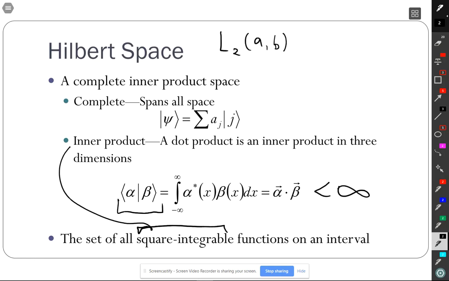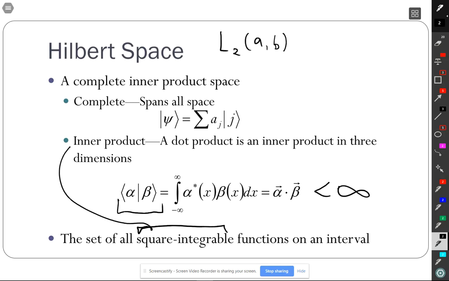So that's the mathematical terminology. And believe me, really important to some people. To we physicists, we call it a Hilbert space. We understand the completeness idea is very important. The fact that you have to be able to do an inner product is very important. So those are important things, and then we go on.